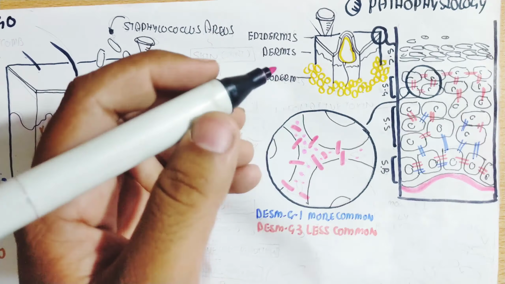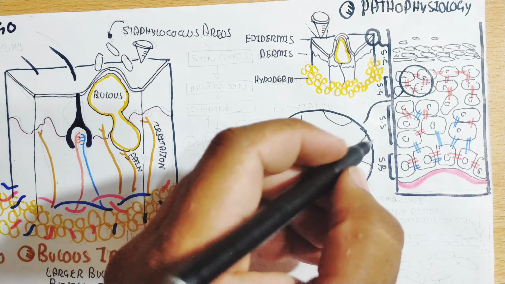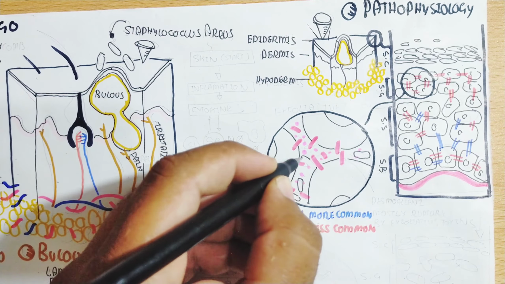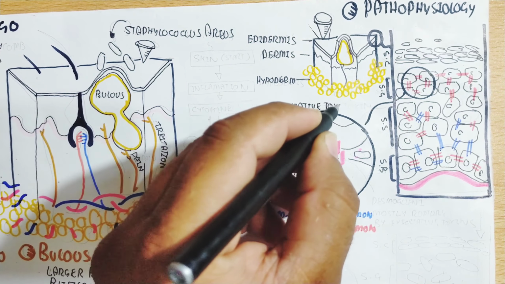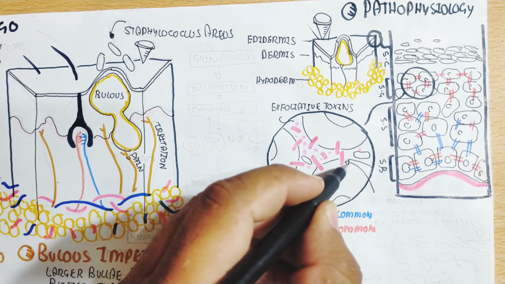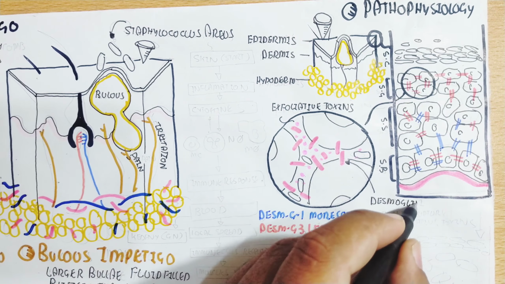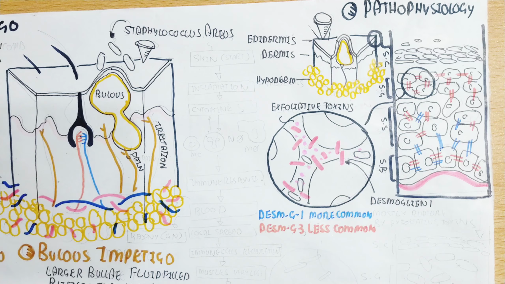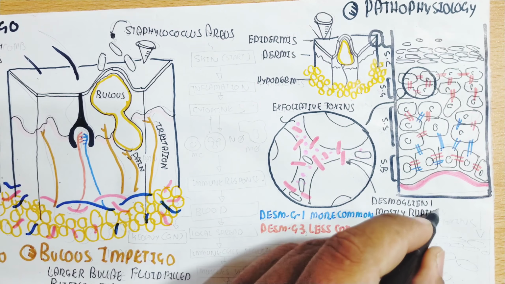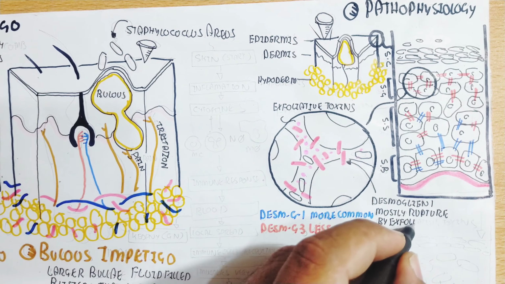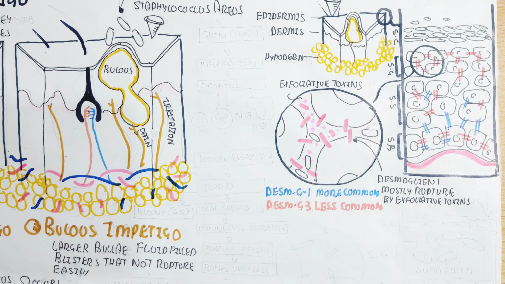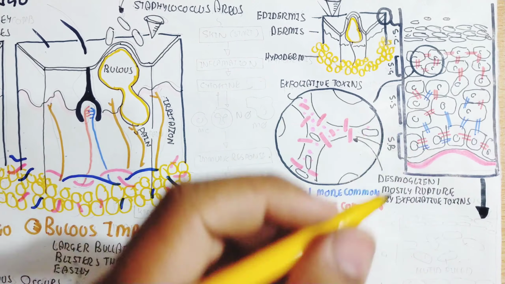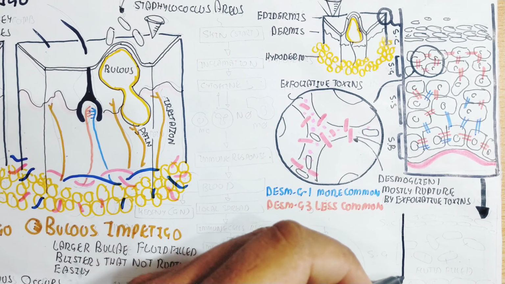It is ruptured due to invasion by Staphylococcus aureus and Streptococcus pyogenes, which break it down through production of exfoliative toxin, which breaks desmoglein 1, and the desmosome will rupture.